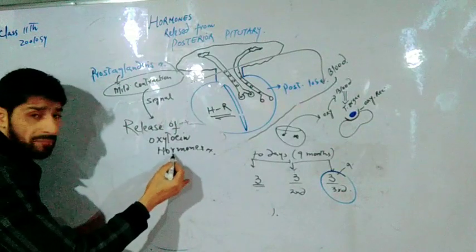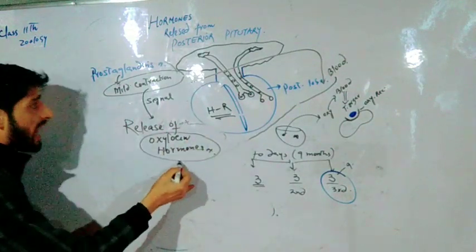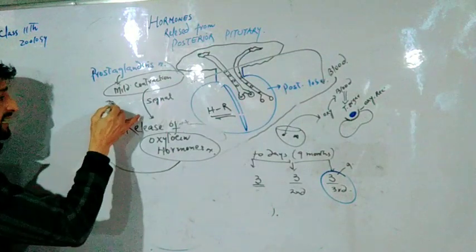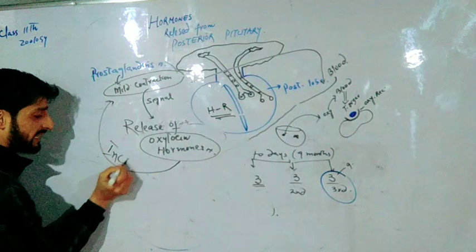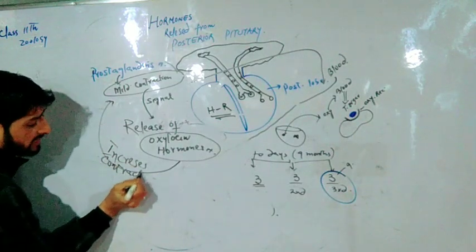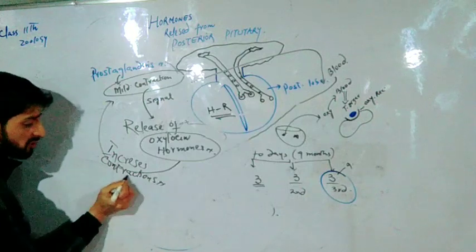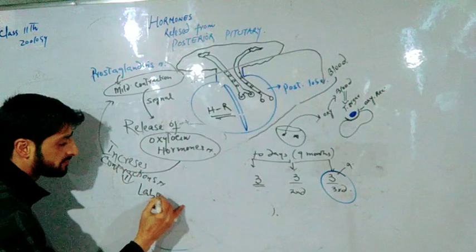What then happens is that it is this oxytocin hormone that increases the contractions. When I say oxytocin hormone increases the contractions, I mean oxytocin hormone causes the beginning of labor pain.